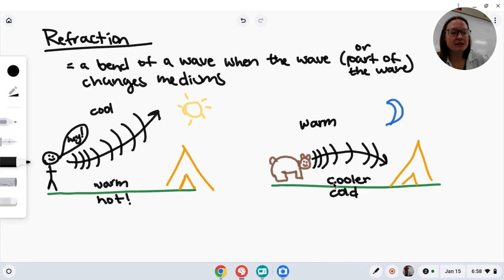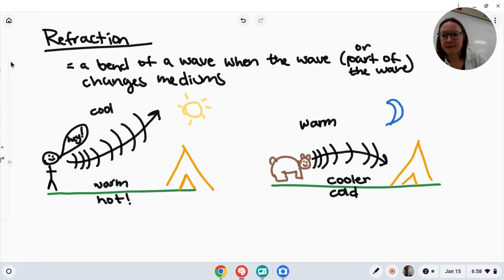Our last topic for today is diffraction. Let's take a look. Once again, another drawing. Diffraction.